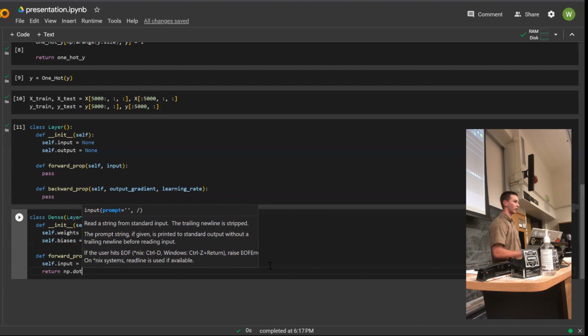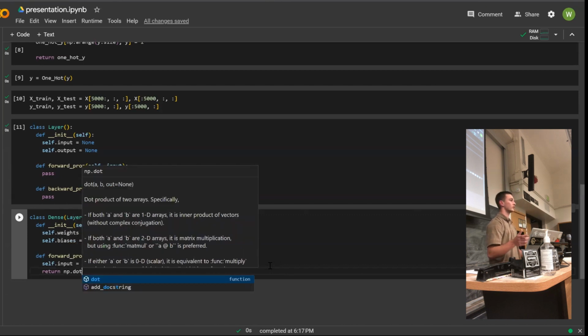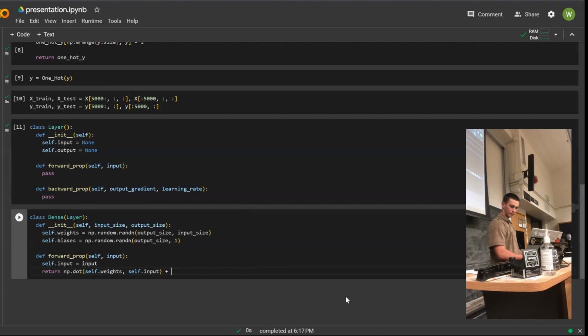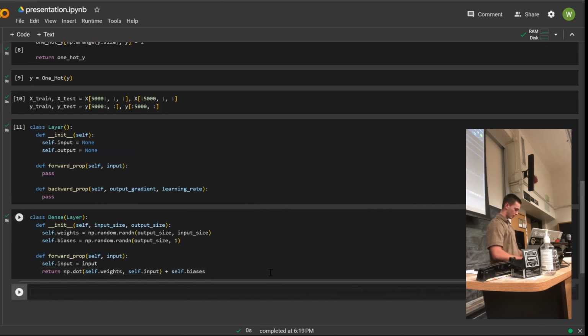And this is just the dot product between the weights and the input plus the bias vector, right? This was our original matrix equation, y equals wx plus b. np.dot.